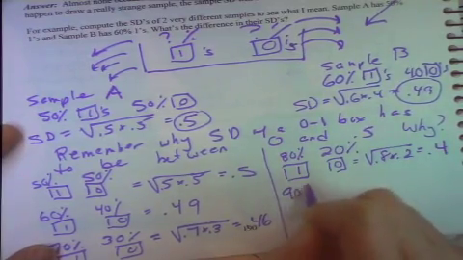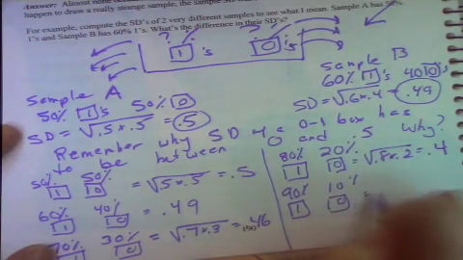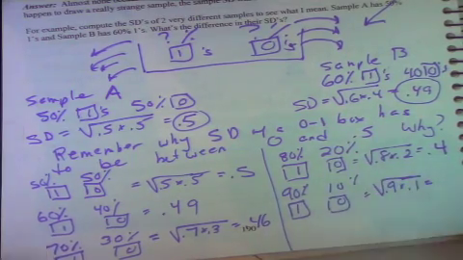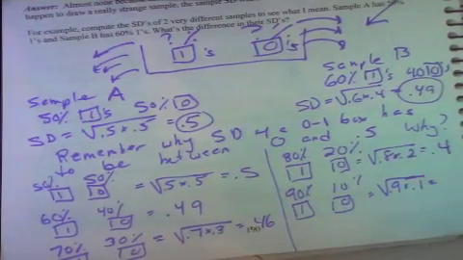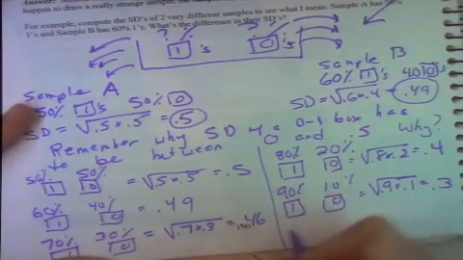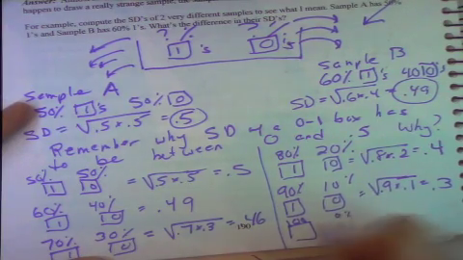We can keep going. 90-10 is another easy one. That's the square root of 0.9 times 0.1, which is the square root of 0.09. What's the square root of 9? So what do you think this is going to be? 0.3. Thank you. Okay. Finally, what if we have 100% and 0%?